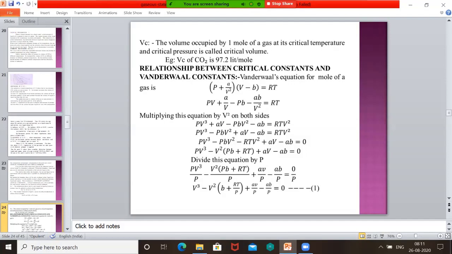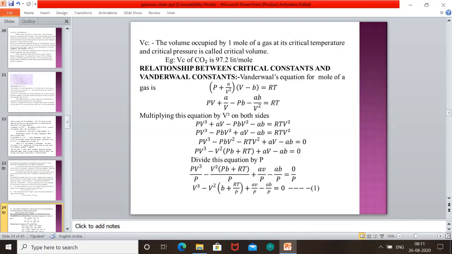Here only you have to understand this thing. We have taken the Van der Waals equation (P + a/V²)(V − b) = RT and multiplied it out. Then we multiply the whole terms by V² so that we make a uniform equation.